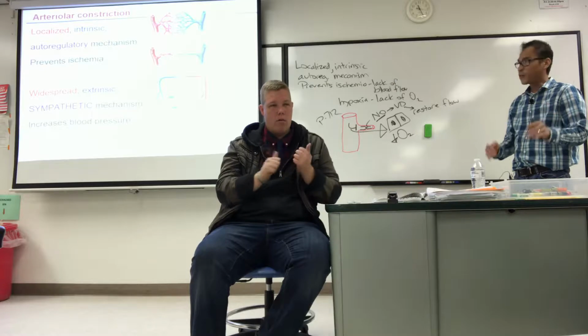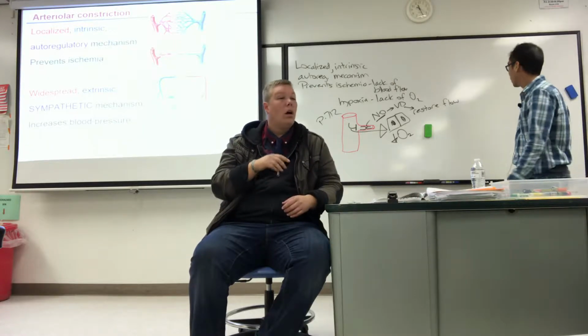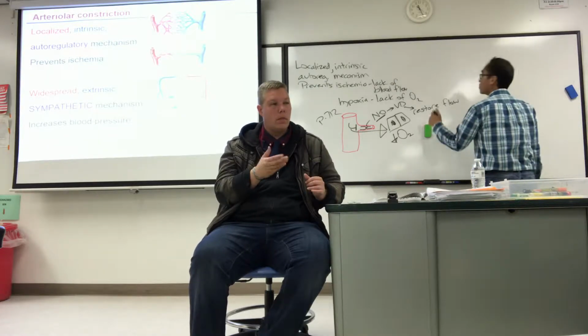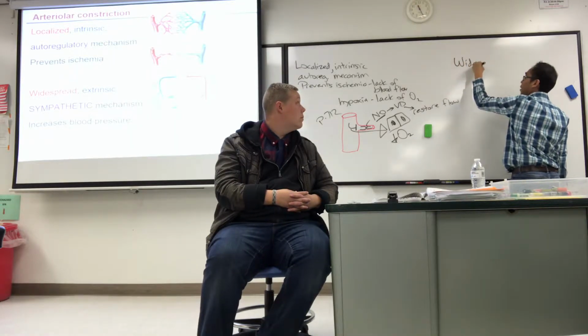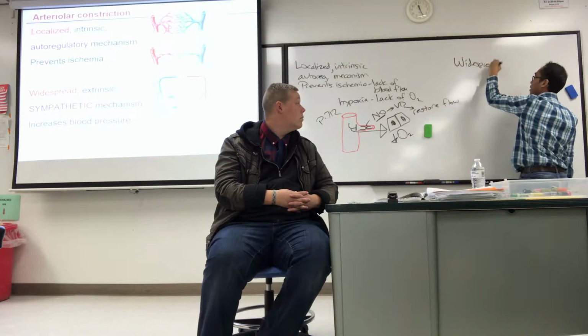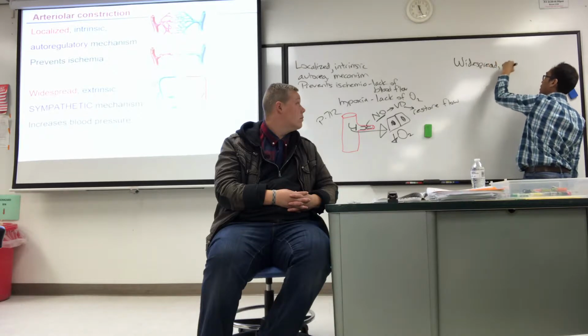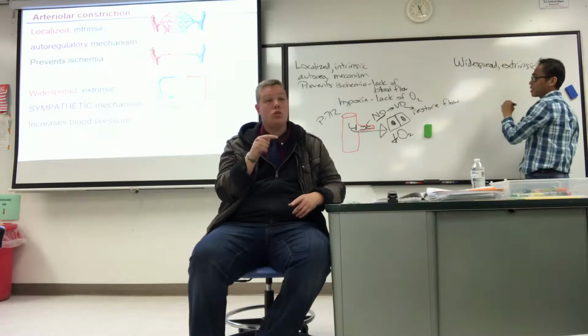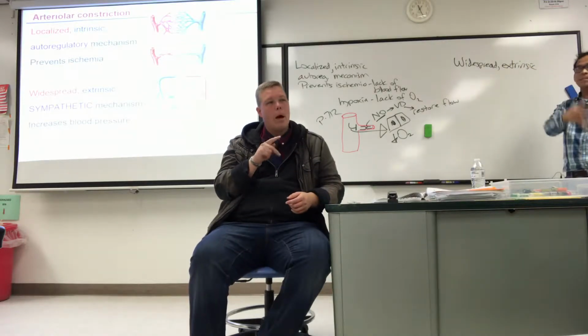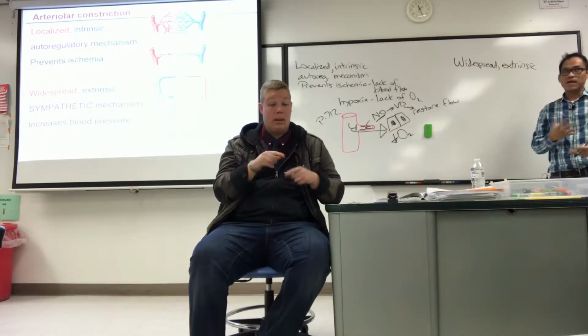Now, there are other things systemically that happen where it's widespread. Extrinsic. It's a sympathetic response, so it's happening systemically throughout the whole body because you have blood vessels everywhere.